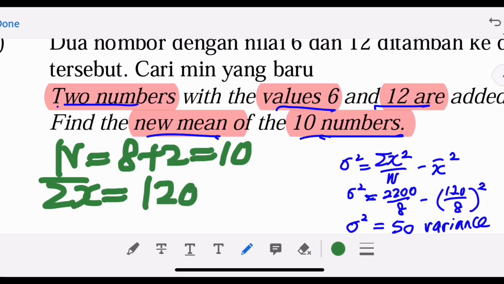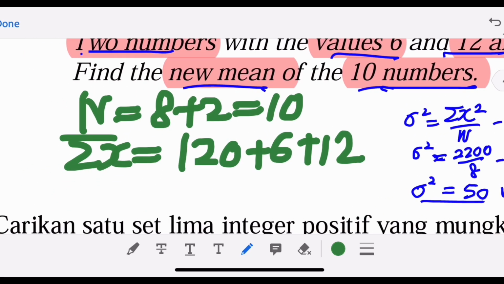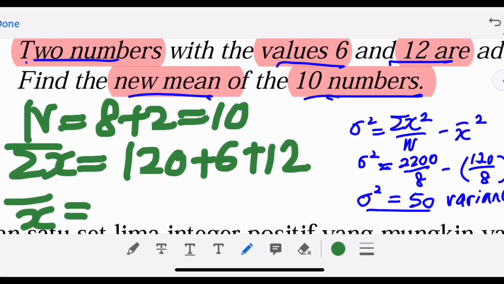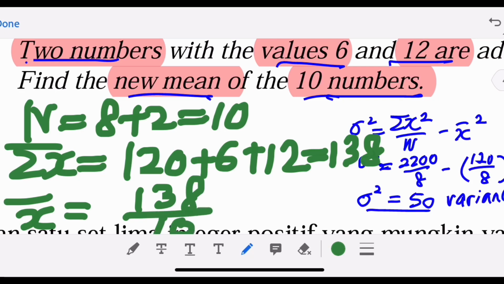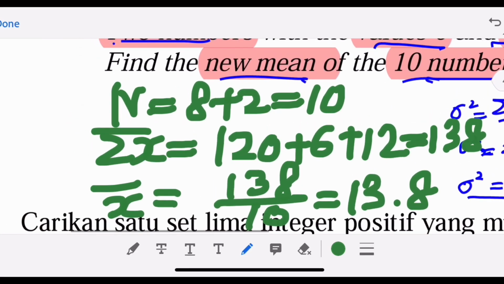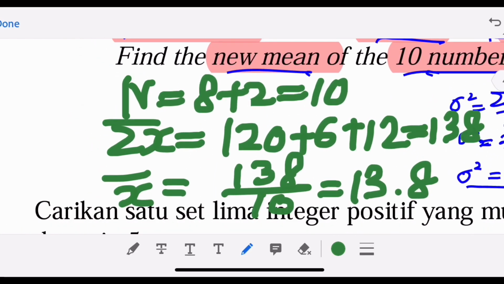Just now originally it was 120 plus the 6 plus the 12. So your answer for the summation of the data is you must take 126 plus 12. Okay, so it's 138. That is the total sum after adding 6 and 12. Then you will take 138 divided by 10. So the answer is 13.8 for the new mean after adding the 2 numbers 6 and 12.